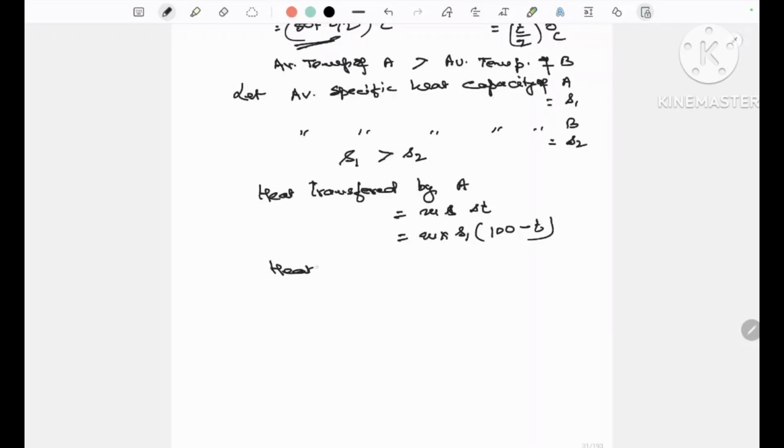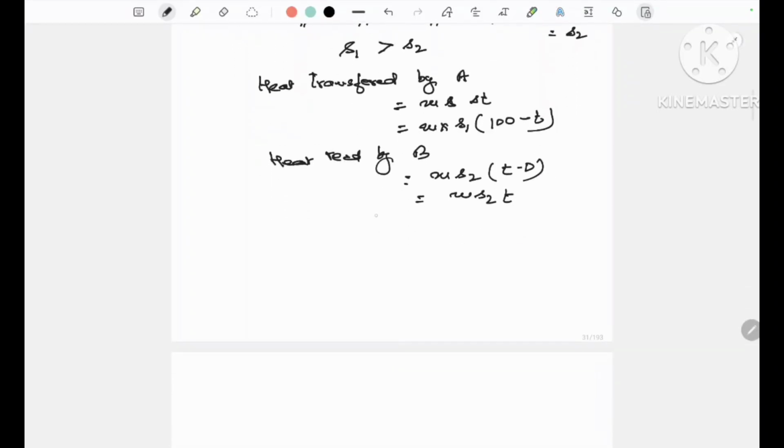Heat received by B will be m S2 (T minus 0), that is m S2 T. So heat transferred by A will be heat received by B: m S1 (100 minus T) is equal to m S2 T.